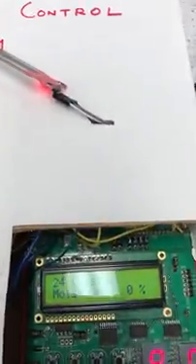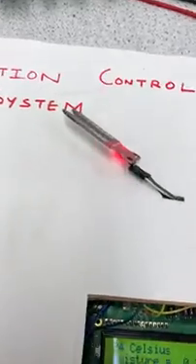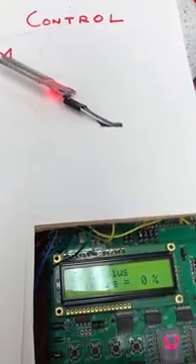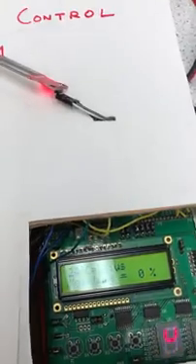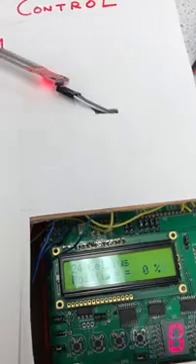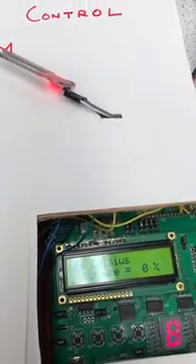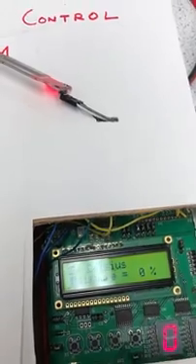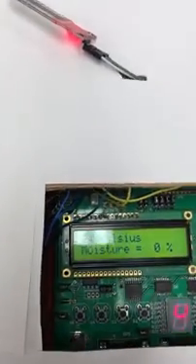In this, what I have done is that whenever the moisture goes less than 30%, the solenoid will automatically turn on, and it will go on until 70%. When the moisture reaches 70%, it will automatically close the valve. So let me just demonstrate.